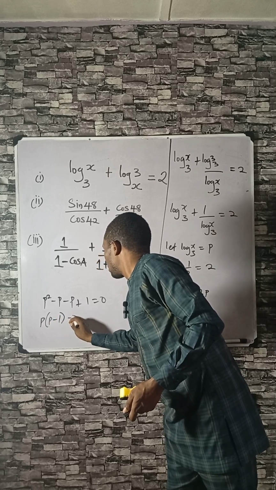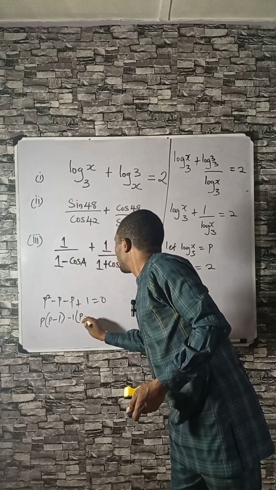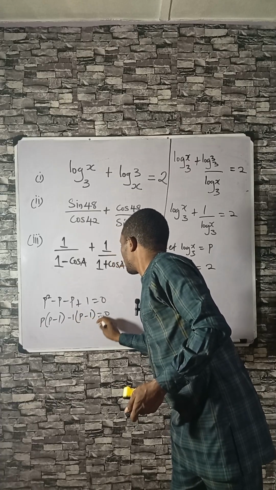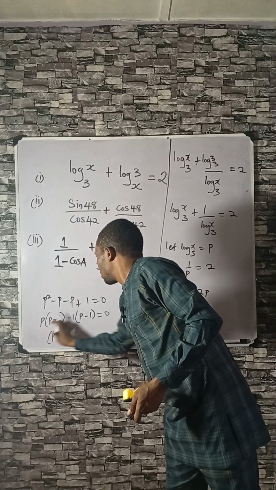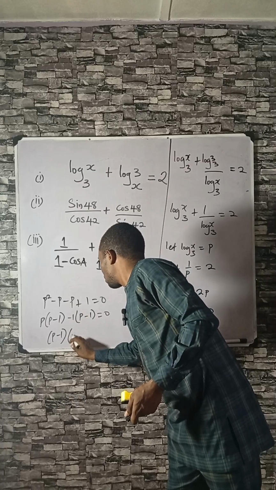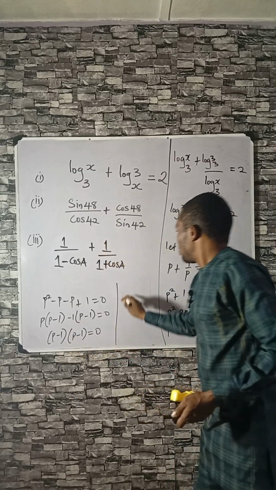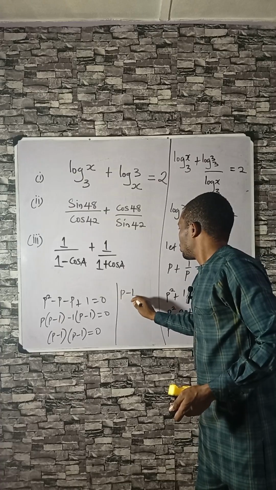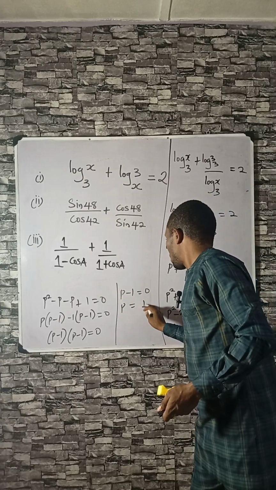What is common is minus 1, and this will be p minus 1 as well, equals 0. So the bracket is p minus 1. Let's check again. What is common is minus 1 divided by this group. So p minus 1 is 0. Now we have the same root, so p equals to 1.